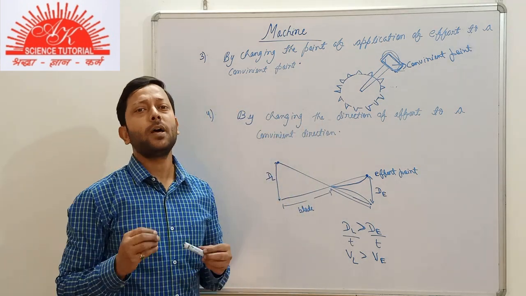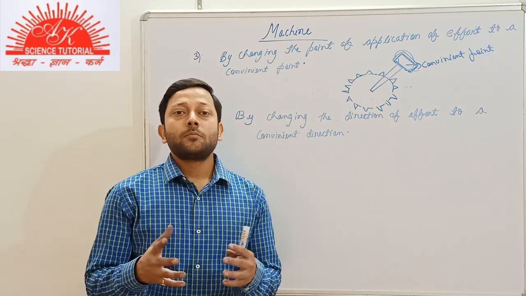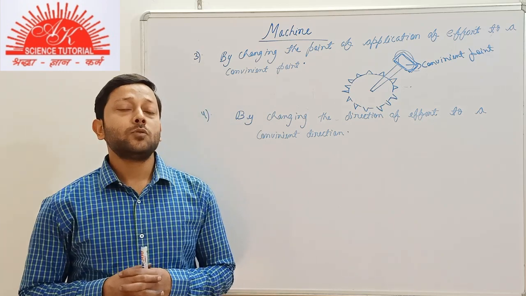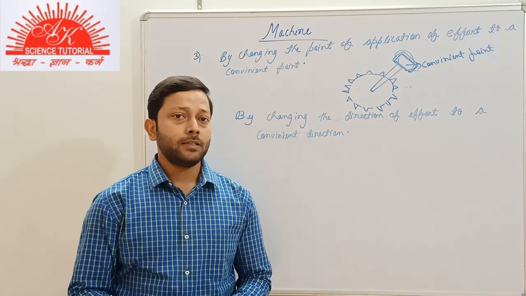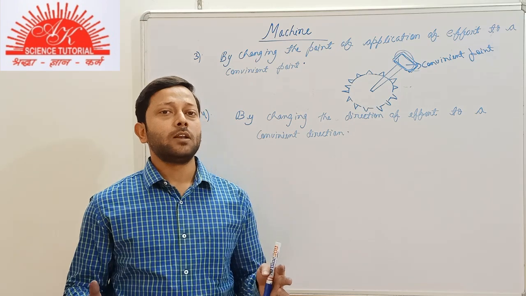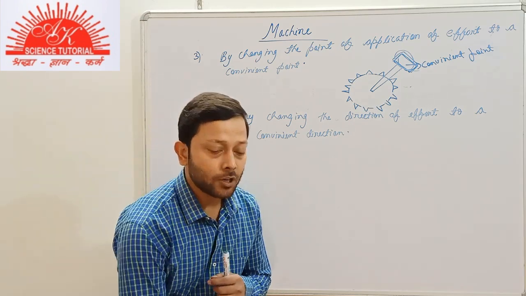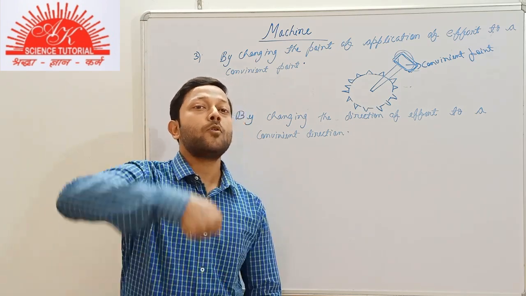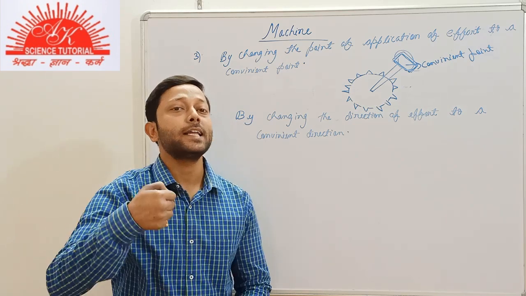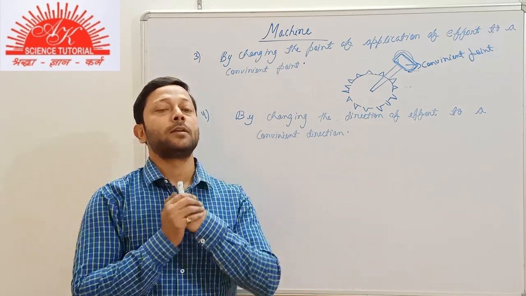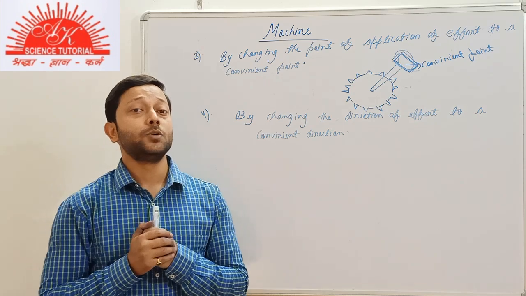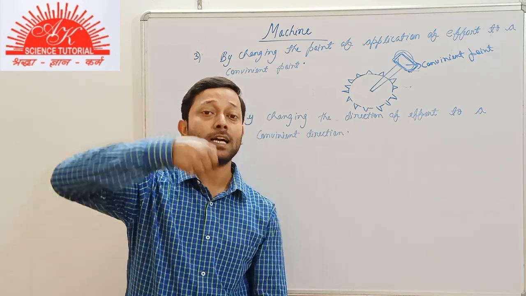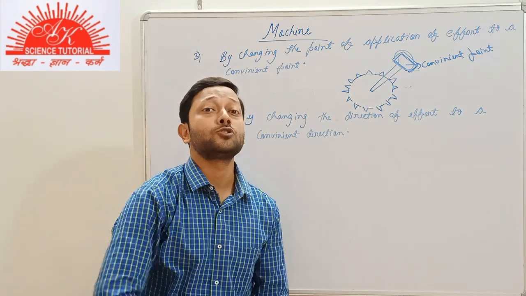I'll give you a simple example for it. You are given a task to draw a bucket filled with water out of a well. What do we do? We exert a force in the upward direction so that the bucket is pulled out of the well. In that case, you are exerting a force that is opposite to the force of gravity.